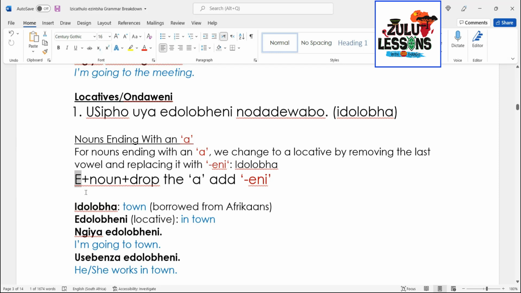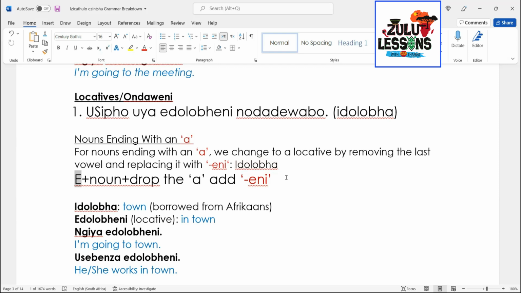So we've got an e, then the body of the noun, and then the ending, which differs depending on the last vowel of that noun. The noun we're dealing with here ends with an A. For nouns that end with the letter A, we change it to a locative by removing that last vowel and replacing it with eni.